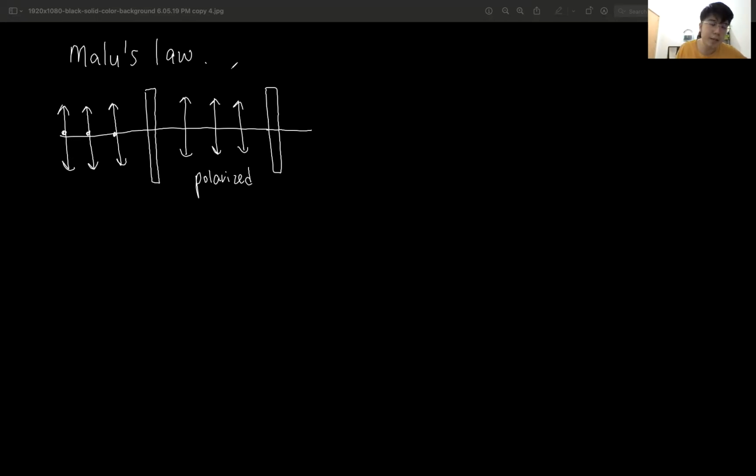So we'll call this I naught. It has a certain intensity, right? We know that the first one is like 100%, and this one is 50%. So let's just start with the second one. We'll call this I naught, having a certain intensity.